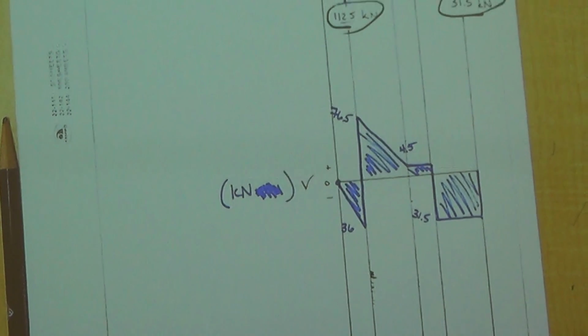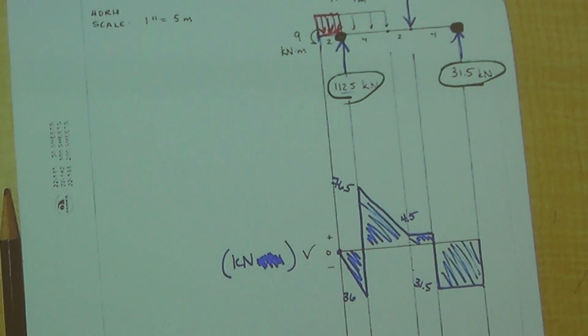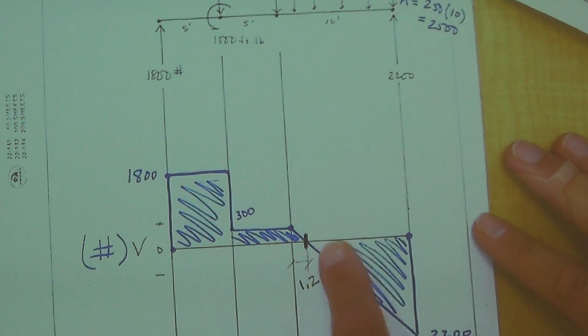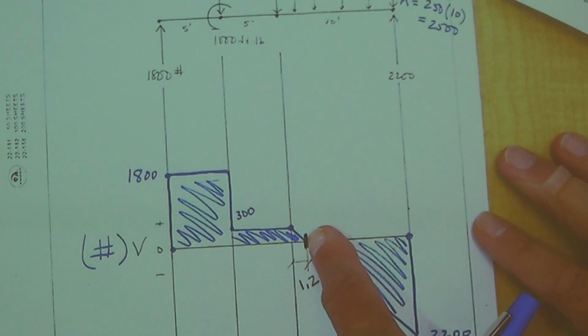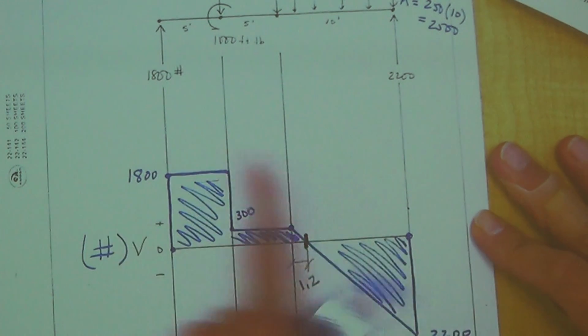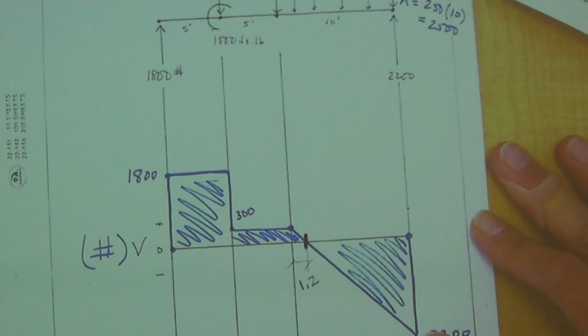So I get where the maximum shear is, but it's 2 meters from, okay. Because in the last one, we showed the point where it's experiencing that shear. This is a zero shear. It is not experiencing shear here. Yeah, so what's the maximum shear here? 2200 right here.